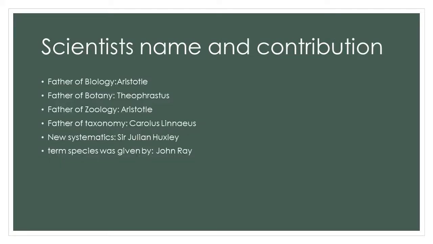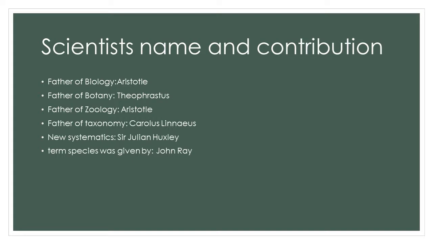Now, scientist names that you must know at least from this first chapter. Father of biology is Aristotle. Father of botany is Theophrastus. Father of zoology is Aristotle again, as he was a zoologist. Father of taxonomy is Carolus Linnaeus.